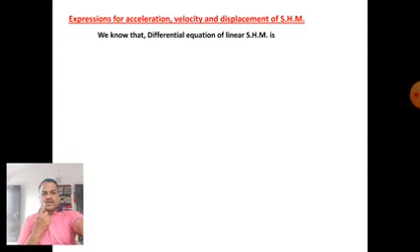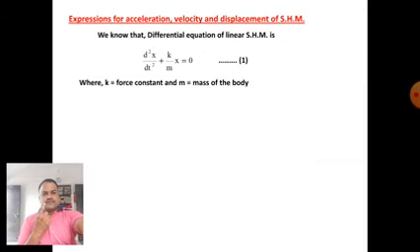So we know that the differential equation of linear SHM is d2x upon dt square plus k upon m into x is equal to 0. Equation first, k is force constant, m is mass of the body.